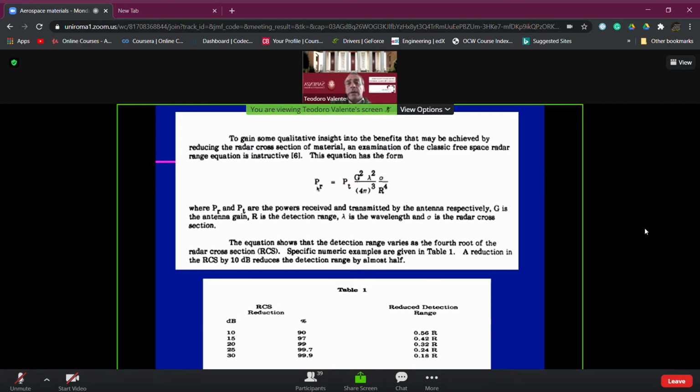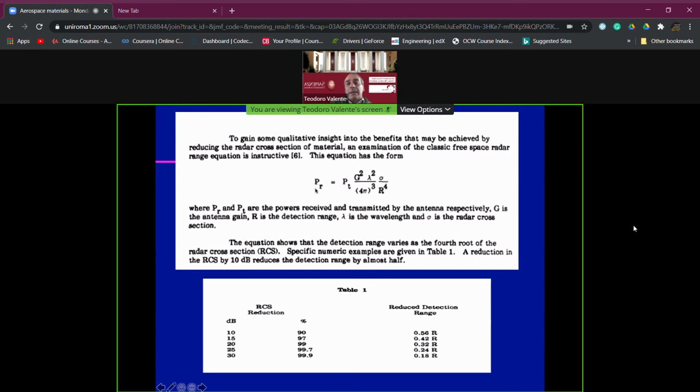If we have in mind the power which is received, we can say that this equation shows that the detection range varies as the fourth root of the radar cross-section.